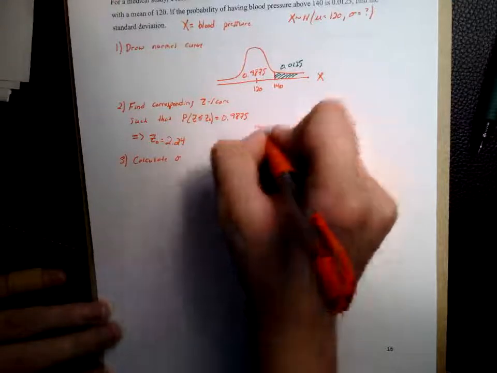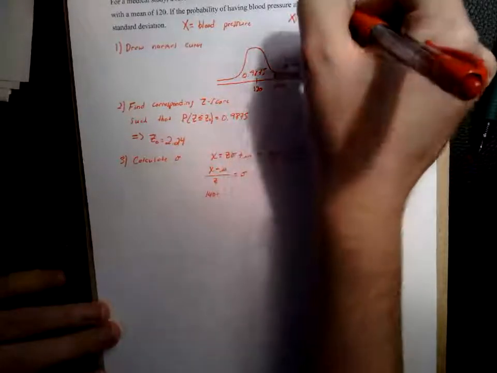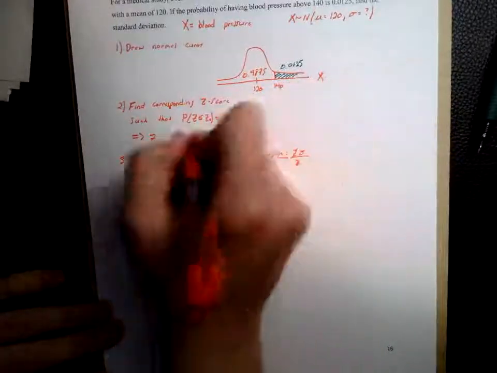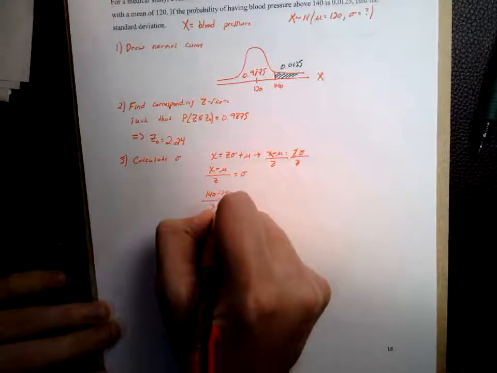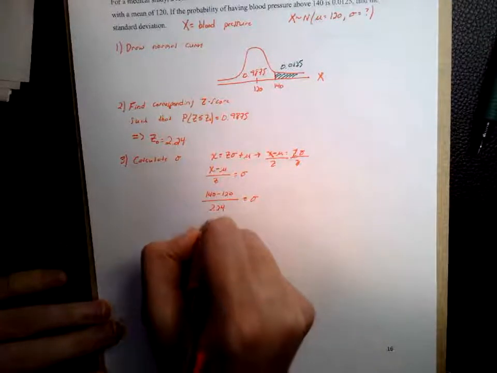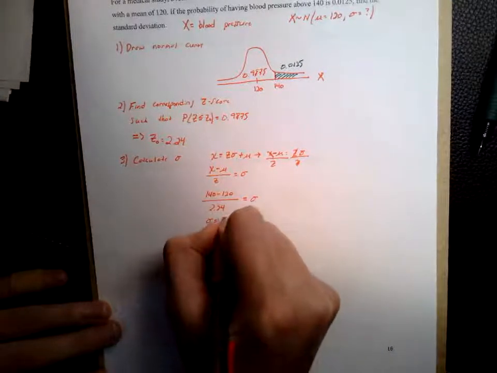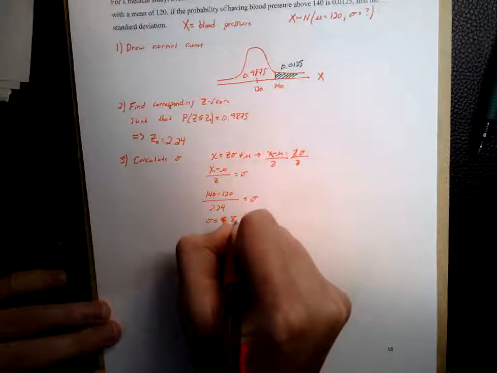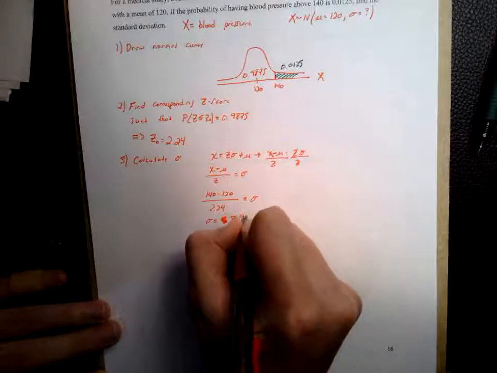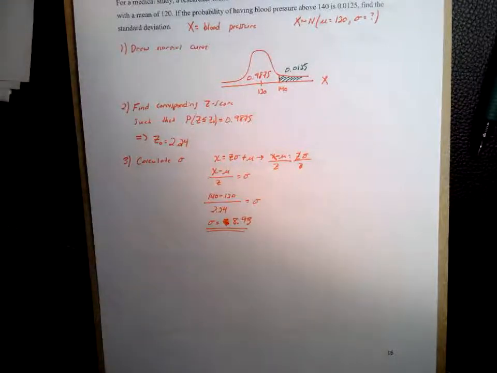Then the data value we're interested in was 140. The mean was 120. And the corresponding z-score we got was 2.24. So that means that this is equal to sigma. And what is this quantity equal to to 2 decimal places? It is 8. That is an ugly 8.93. And that is how we solve for sigma.